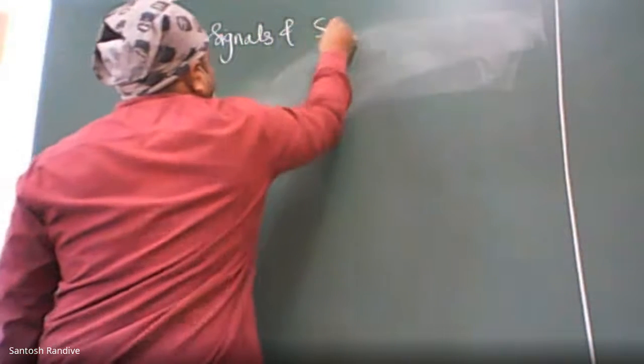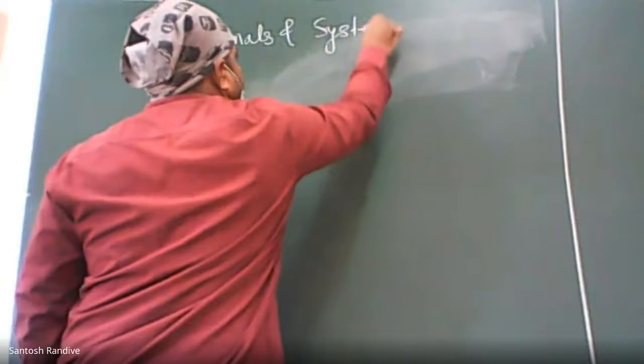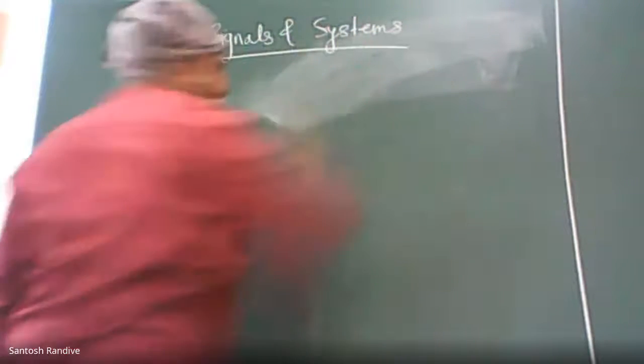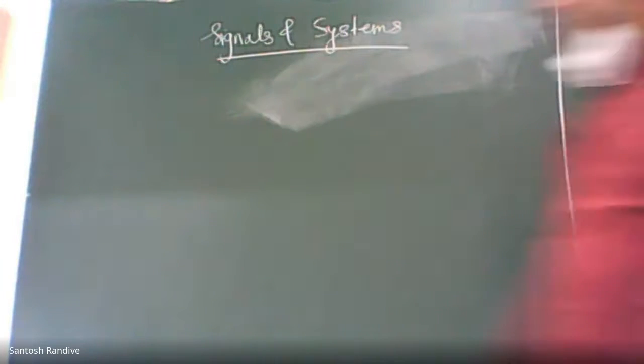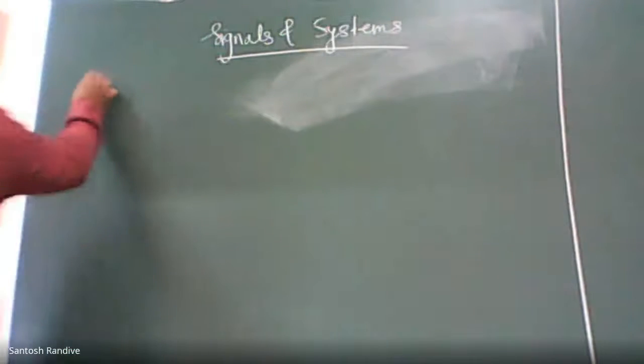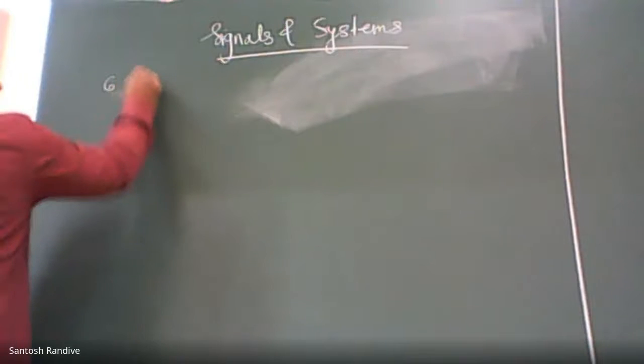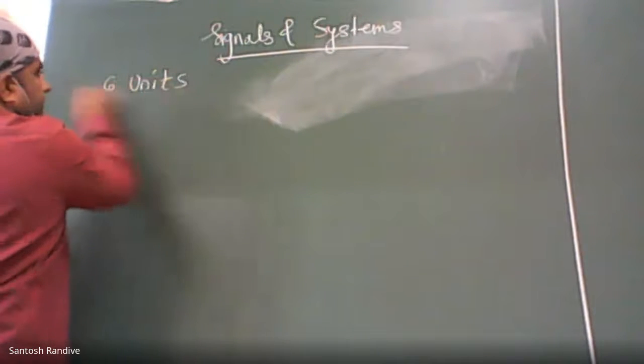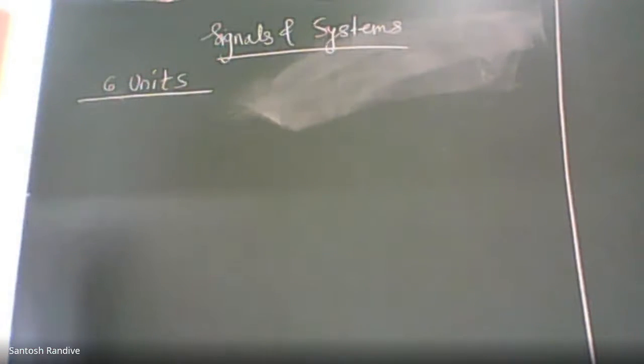Signals and systems. Okay. So your subject name is signals and systems. Basically, in this subject, we have to see a total of 6 units.